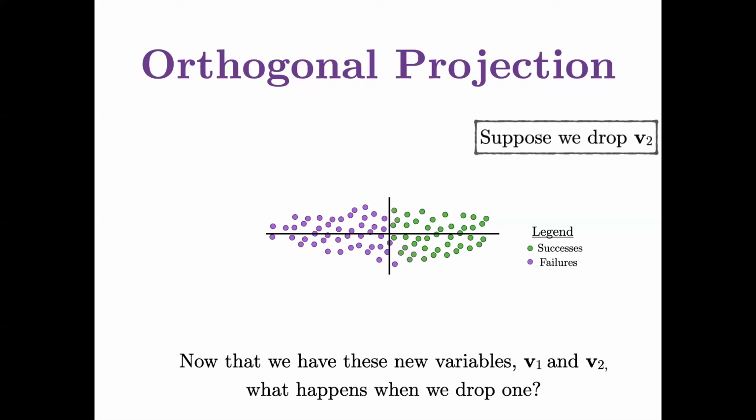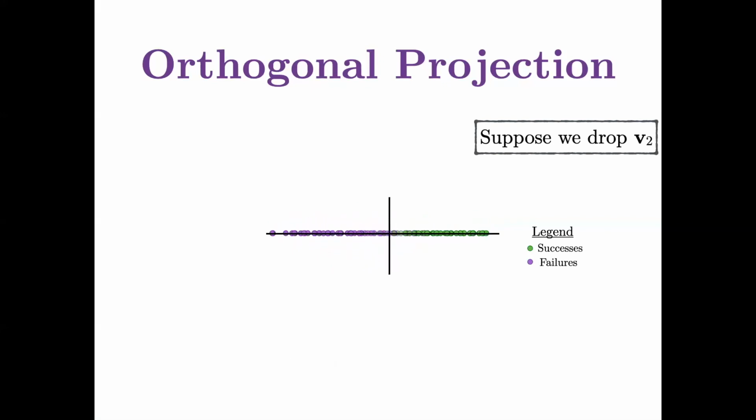If I drop V2, I find I have this one-dimensional representation where the data is nearly perfectly separable. I could easily come up with a rule, maybe to split when V1 is greater than 0 and less than 0, a rule that separates those successes from the failures.